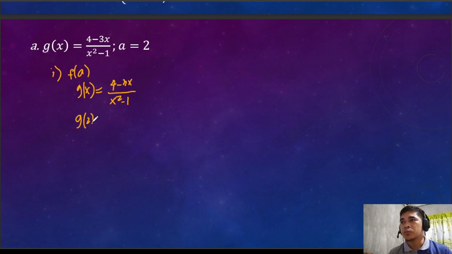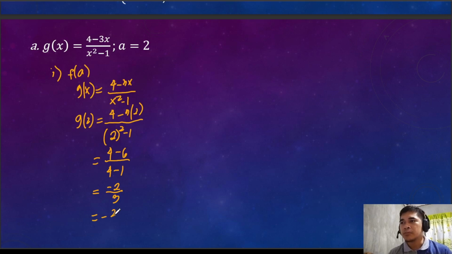So g of 2 equals 4 minus 3 times 2 over 2 squared minus 1 equals 4 minus 6 over 4 minus 1. So this is negative 2 over 3 or negative 2/3. That is our g of 2. So we have existing for our first condition, our f of a.